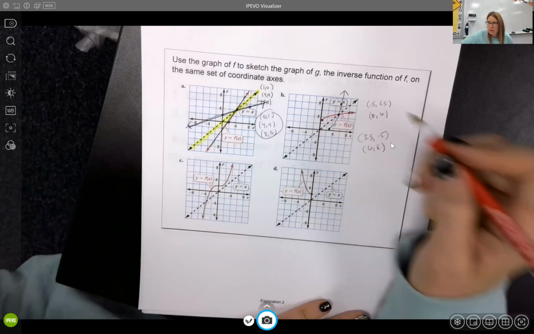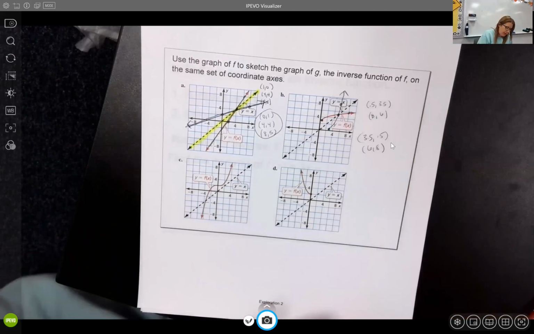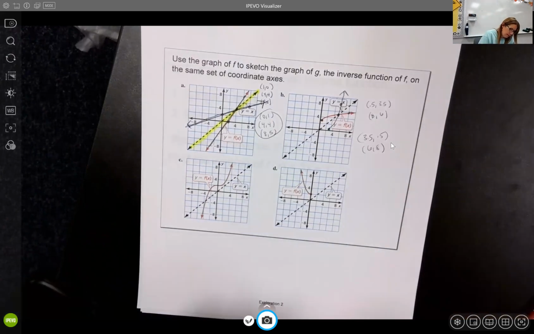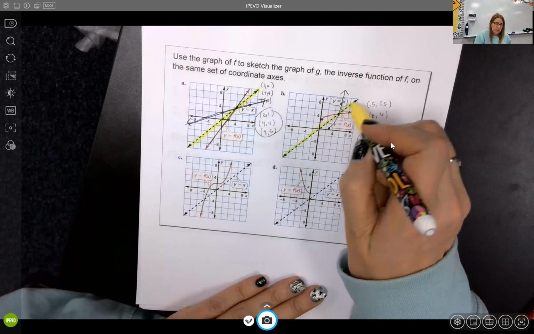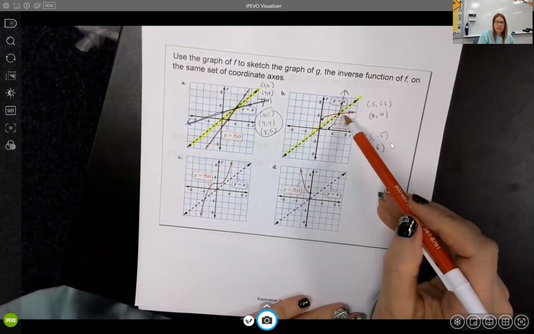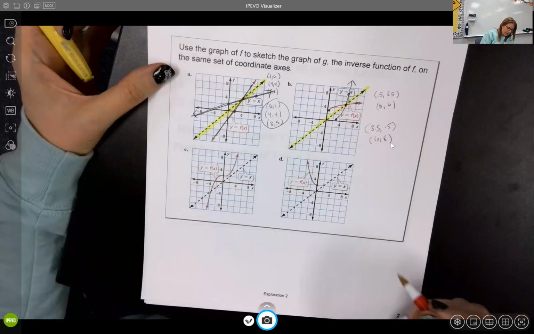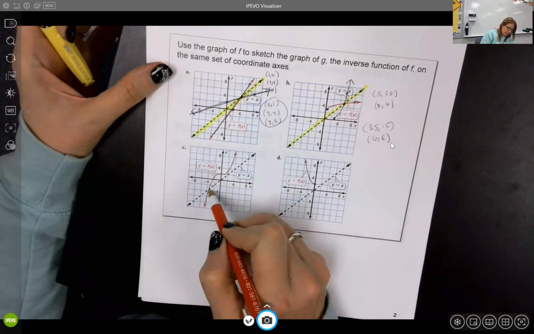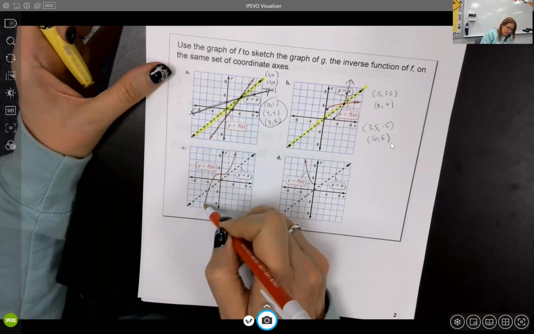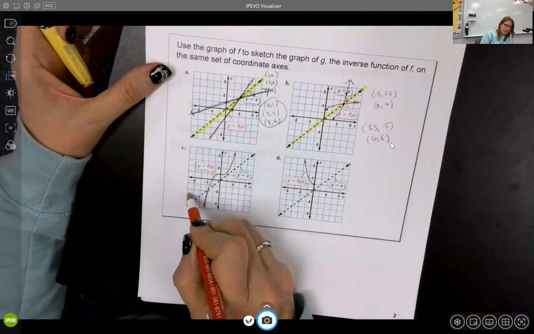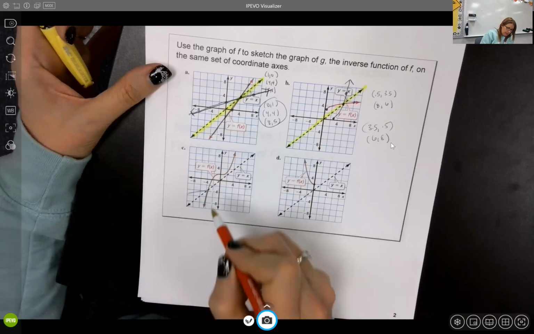Okay. So again, if I look at my inverse, it's a reflection across that line. Okay. So down here, if I'm going to do a reflection, this looks like this. So this one's going to go like this, right? And then this is going to kind of wave.